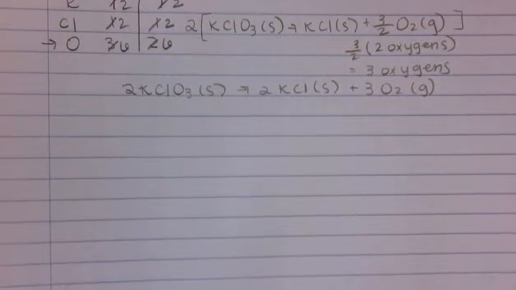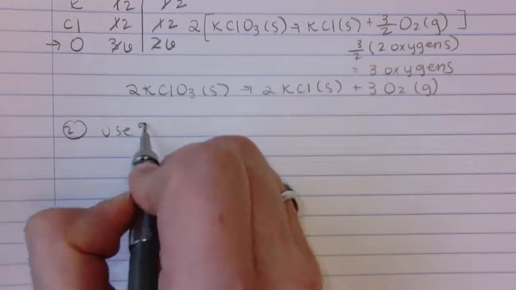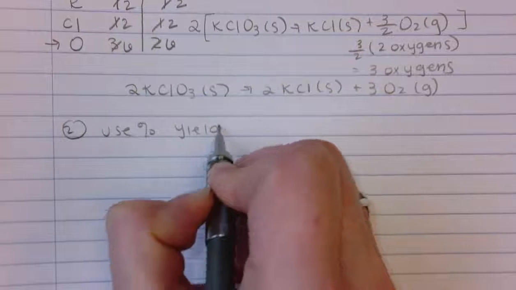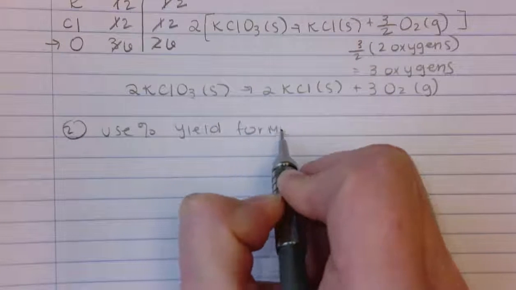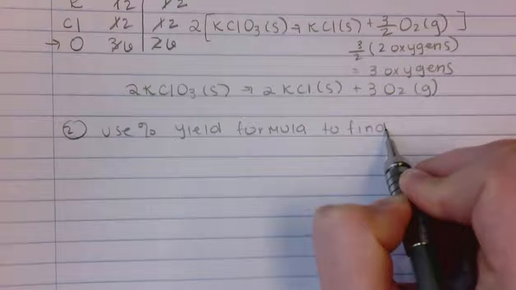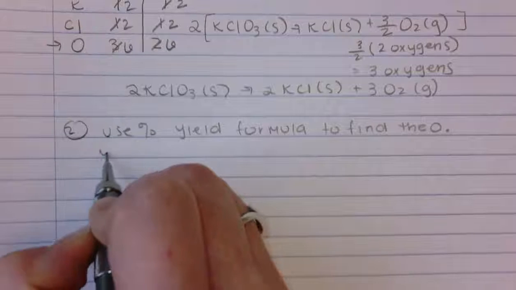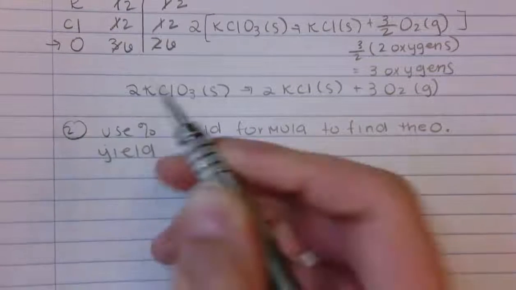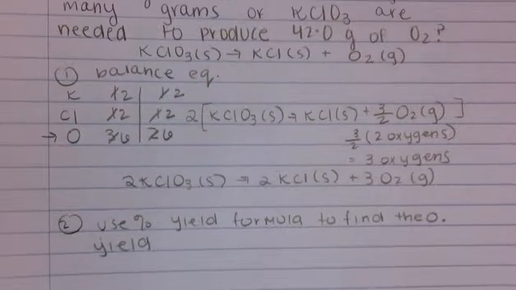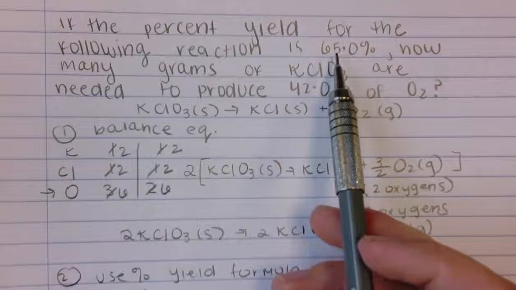And now that we are balanced, the next thing is to use the percent yield formula to find the theoretical amount of oxygen we can produce. This is based on the problem statement because we know we have 65% yield.